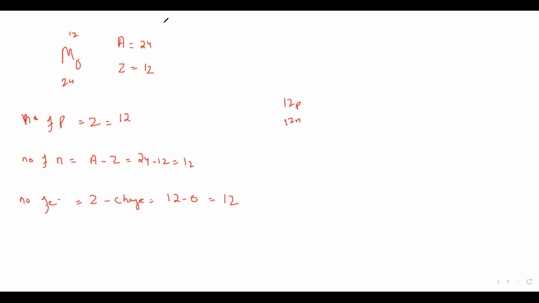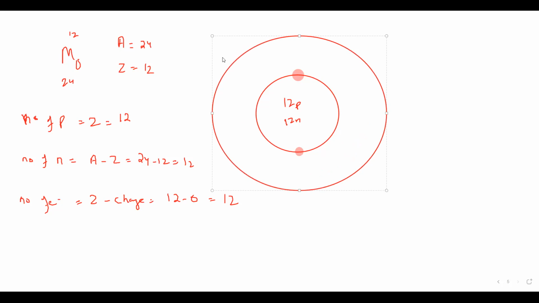I will draw the first shell. Maximum I can have 2 electrons. So out of 12, I have 2 electrons in the first shell. The second shell, maximum I can have 8. So out of 12, when I put 8 electrons here, it means I arranged totally 10 electrons. So 2, 8, make it 10.